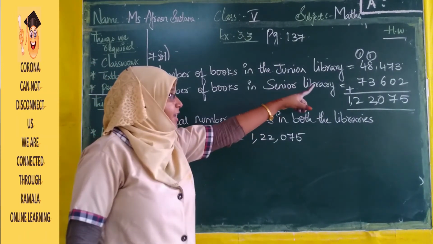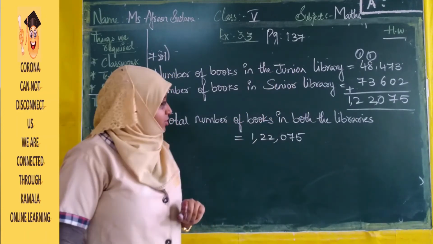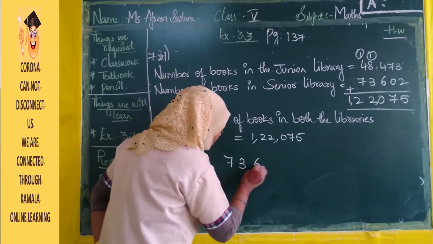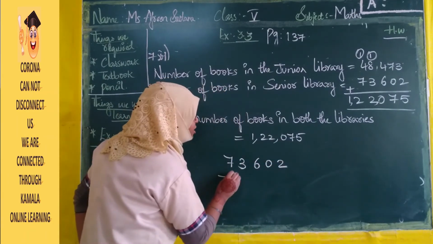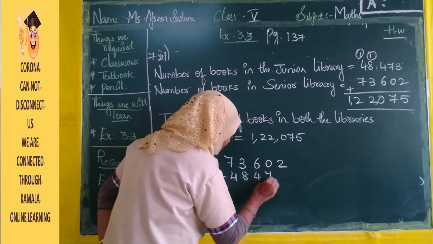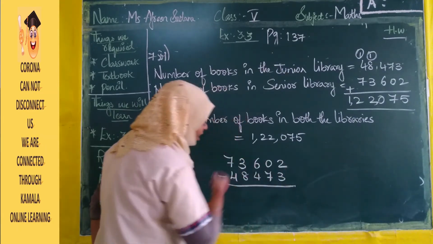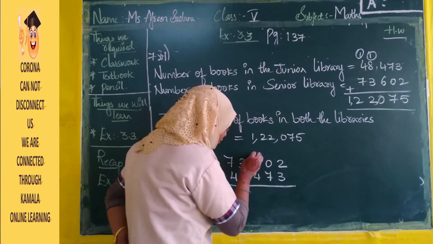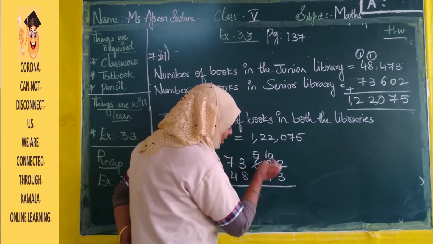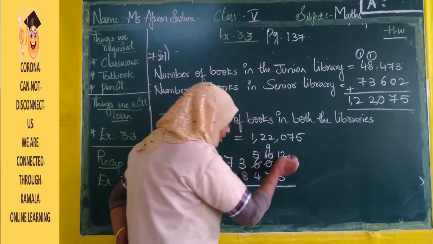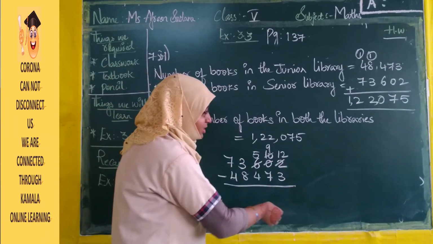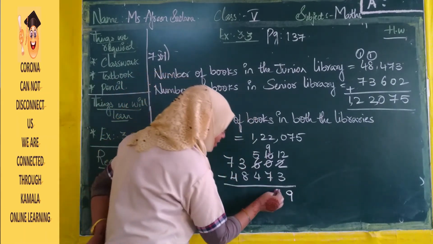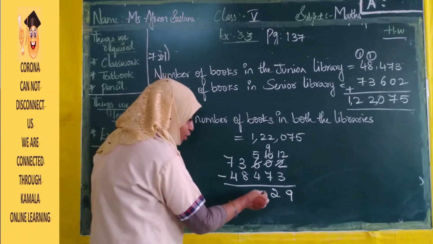We will subtract 48,000 from 73,000. Let us do it. So firstly we will write 73,602 minus 48,473. Now we cannot subtract 3 from 2. So if we take a borrow from 6, this becomes 5, and 2 becomes 12. 12 minus 3 is 9. 9 minus 7 is 2. 5 minus 4 is 1.